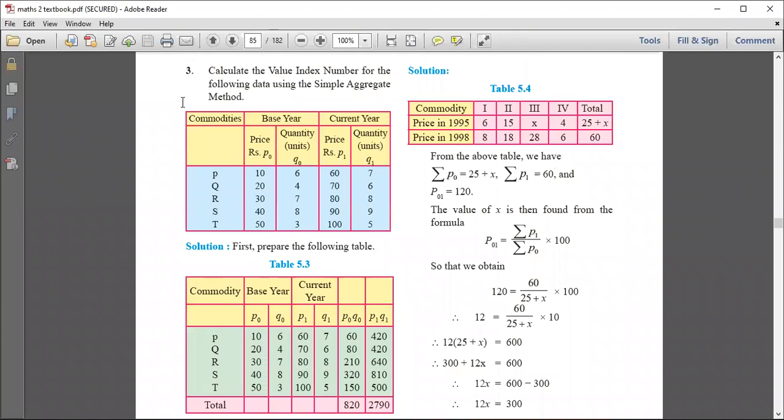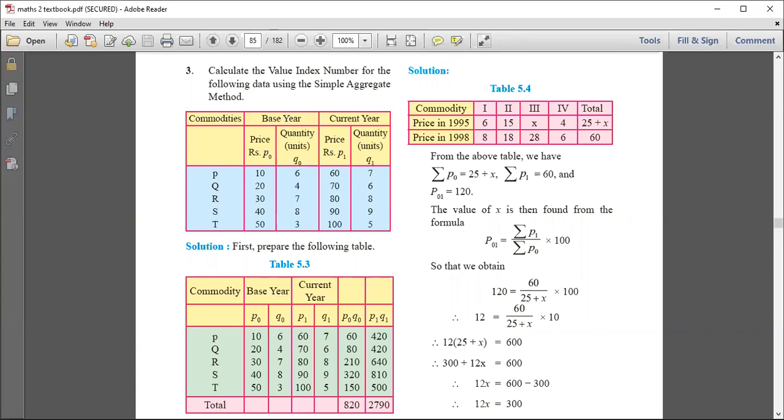Everybody can see question number 3 over here. There are a total of 5 columns given in your question: commodities, base year price P0, quantity of base year Q0, current year price P1, and quantity of current year Q1. Apart from these 5 columns, you have to prepare 2 more columns as we saw in the formula.